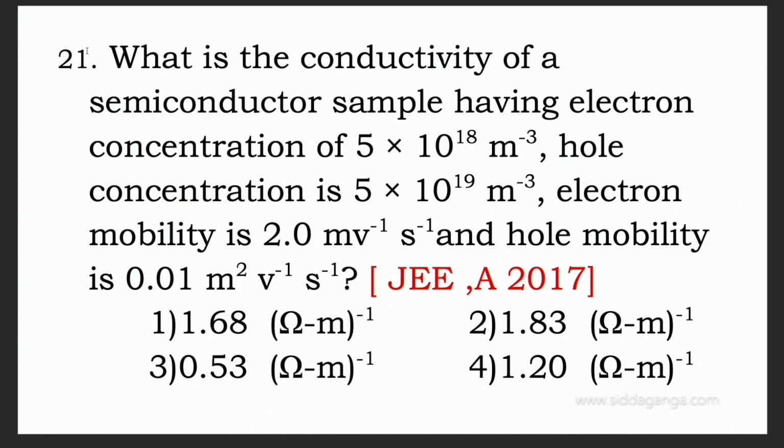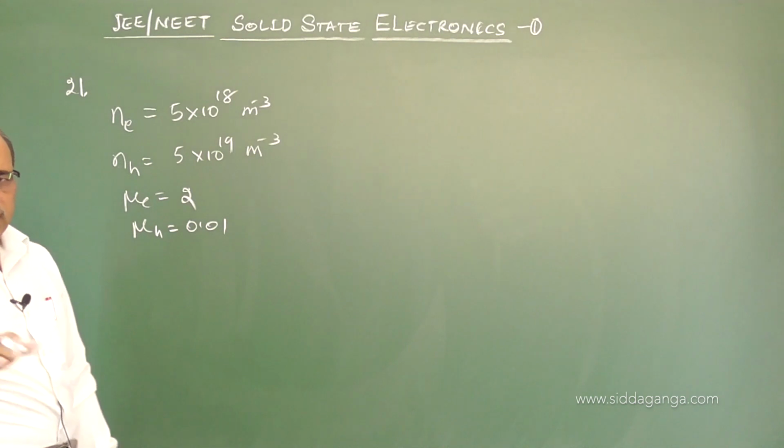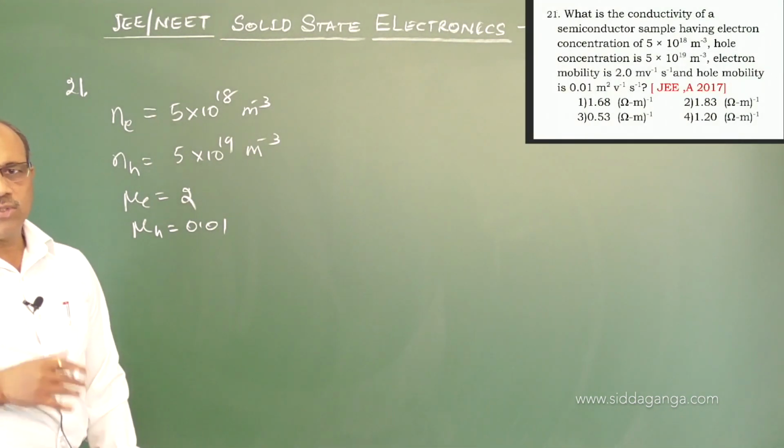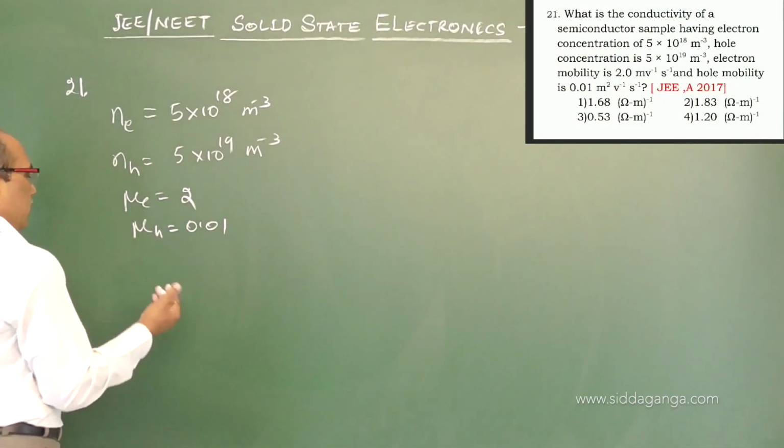Electron mobility mu E is 2, and similarly hole mobility is 0.01, units given correctly in SI. The question is, what is the conductivity?